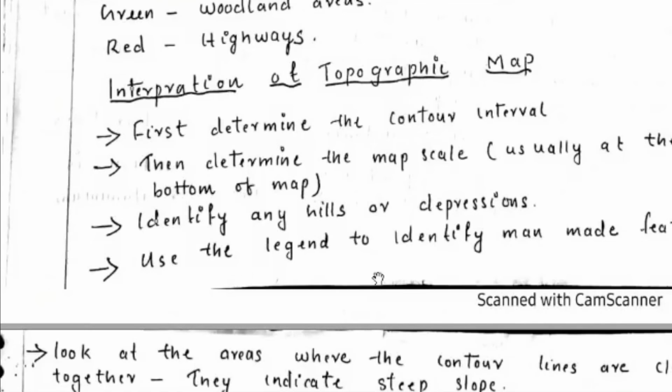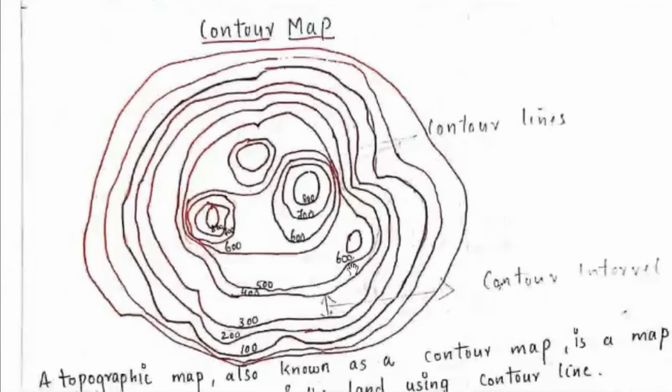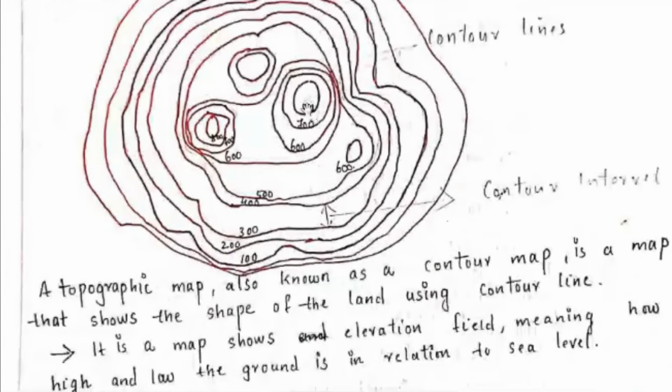In a hilly area, the contour values or elevation will decrease from top to bottom. On the highest area, 800 is the maximum elevation, below that 700, below that 600. So from the center of the contour lines outwards, the contour values are decreasing. It means it is a hilly area.